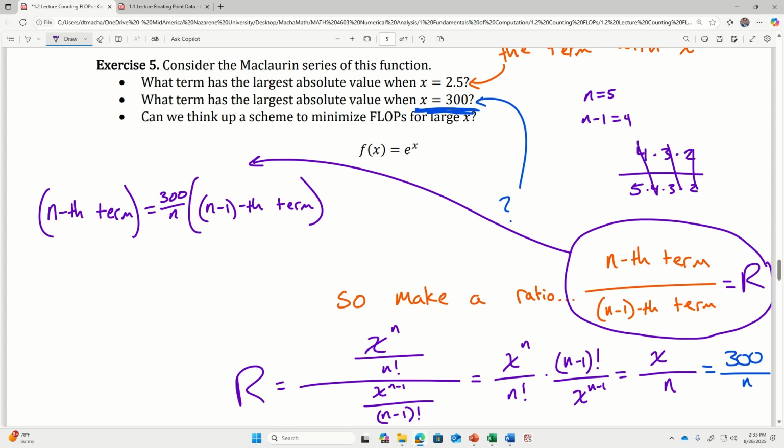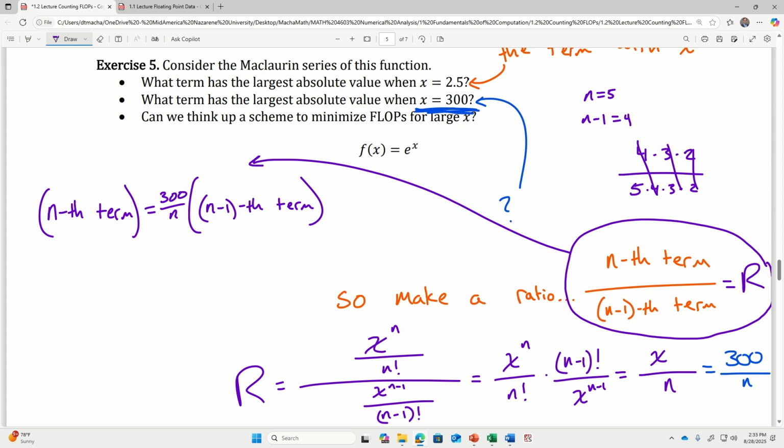So this is going to go from a number greater than 1 to a number less than 1 when n equals 300. If n is equal to 300, this is 300 over 300. So the 300th term is exactly the same as the 299th term.